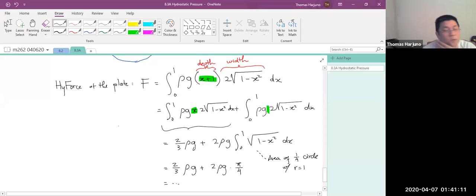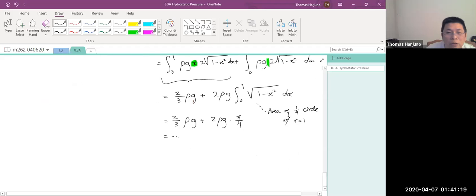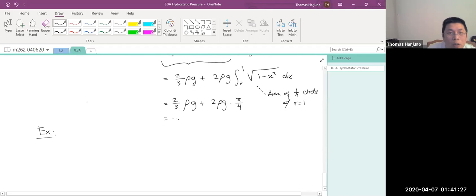Okay, let's go on further. Using a similar situation, but I use another example. Suppose this time I have the water, this is the water.